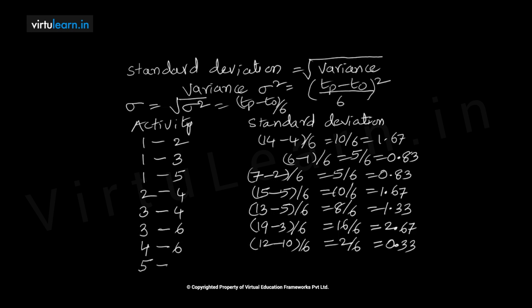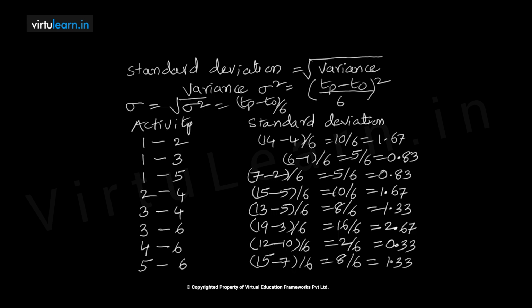For activity 5 to 6, it has a pessimistic time of 15 minus 7 divided by 6, which gives us 8 by 6, which gives us 1.33. So these are all the standard deviations for all the activities.